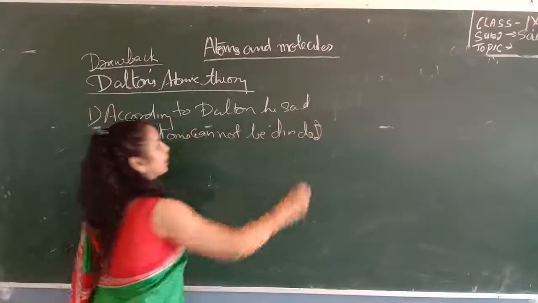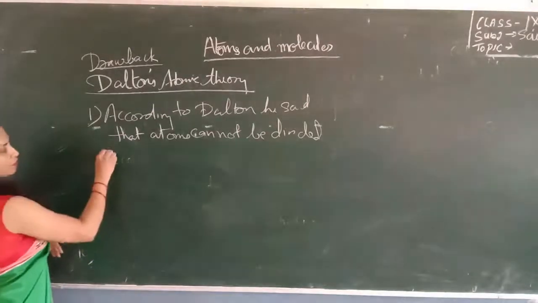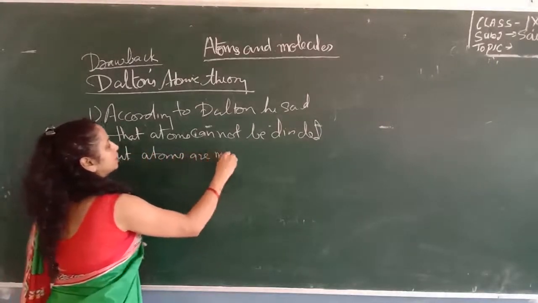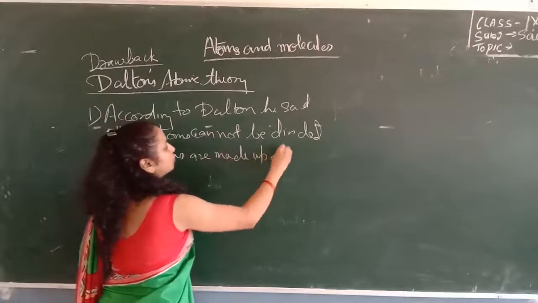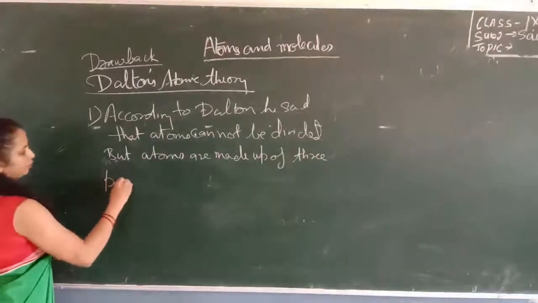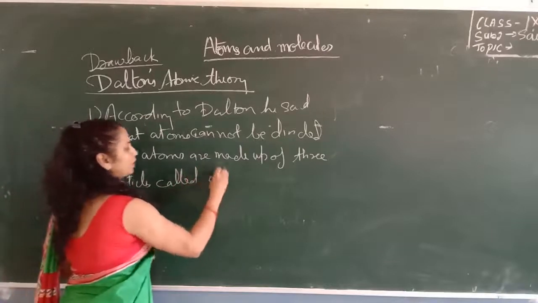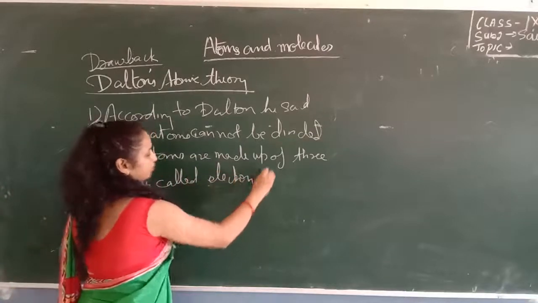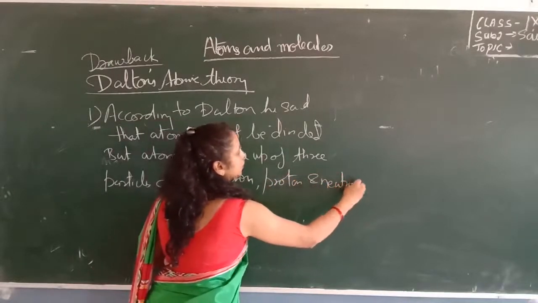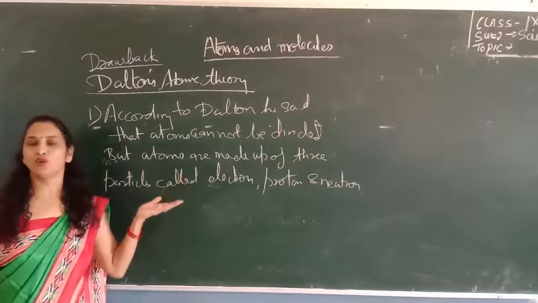But we know that atoms are made up of 3 fundamental particles called electron, proton and neutron. So this was the first drawback of Dalton's theory.